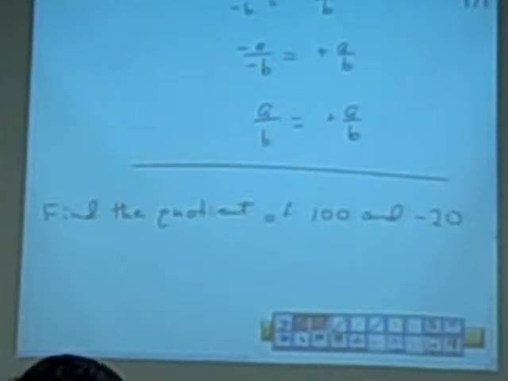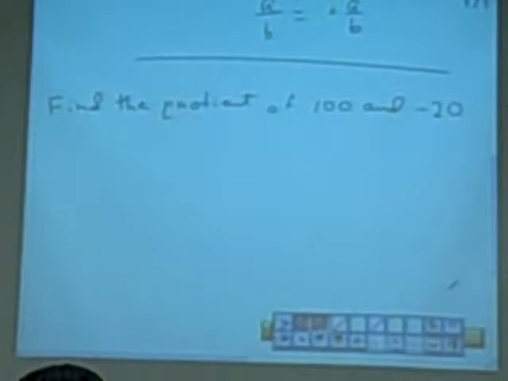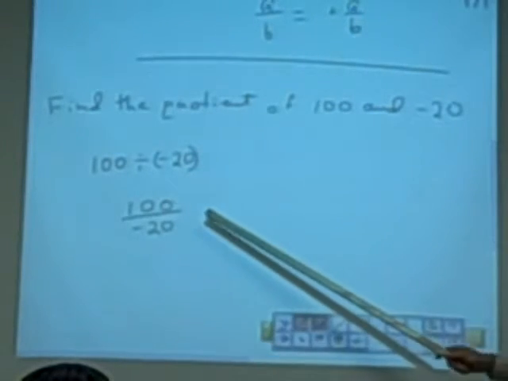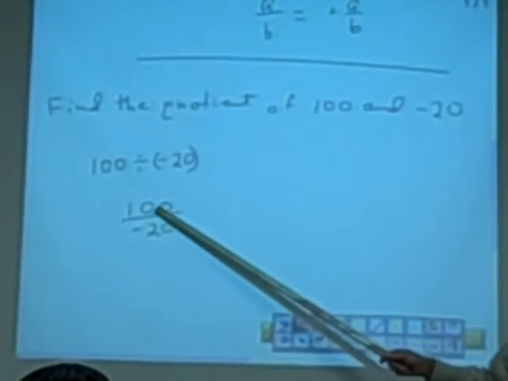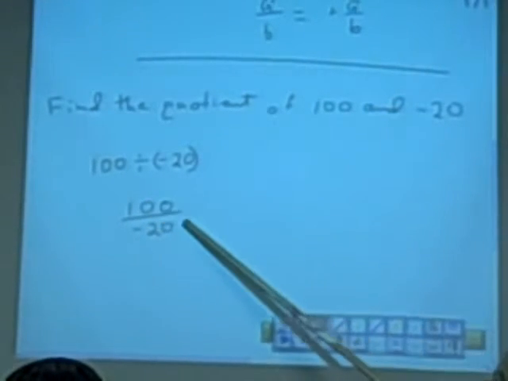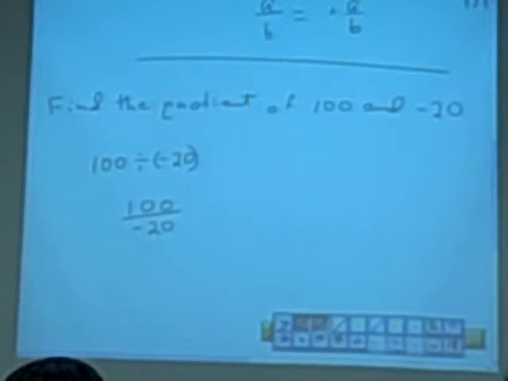I mentioned that when you write this out, you can write it like this: 100 divided by a negative 20. But if you write it like that, I also recommended that you write it in rational form, 100 over negative 20. The reason for that is because the first number is always in the numerator, whether it's smaller or larger. The second number is always in the denominator.